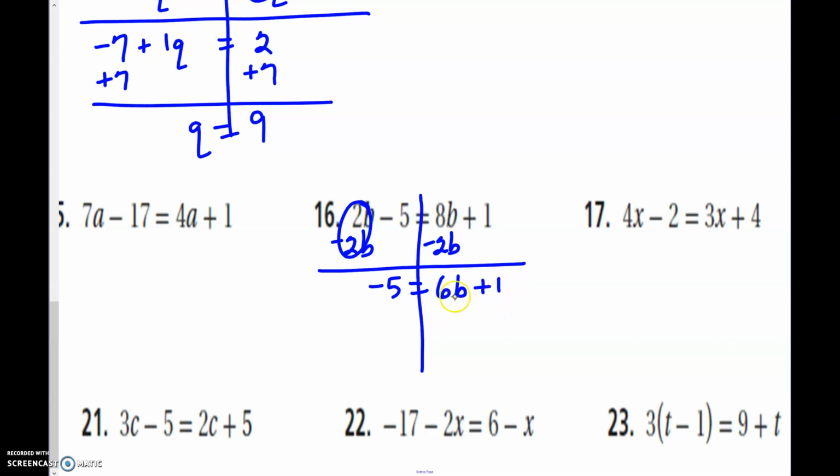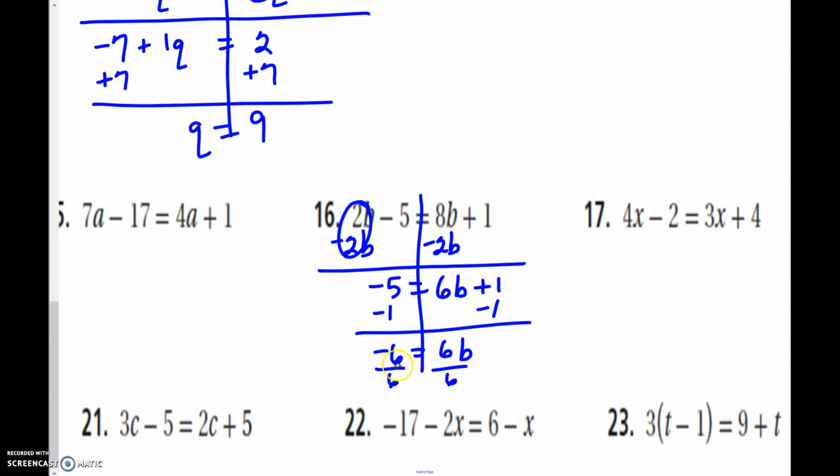All right, now I need to move the numbers away from the b, so I'm going to move the 1 first, and because that says a +1, I am going to subtract 1. Make sure you use your calculator, so -5 minus 1 is a -6. All right, then the number that's in front of my b is a 6. That says 6 times b. So the opposite of times is divide.